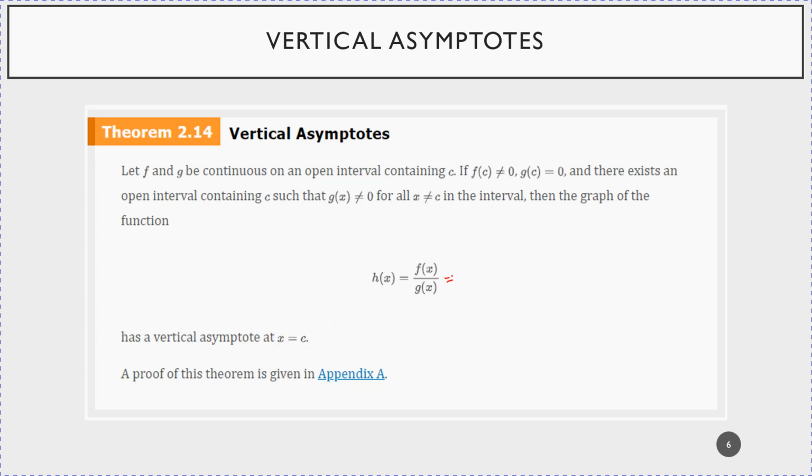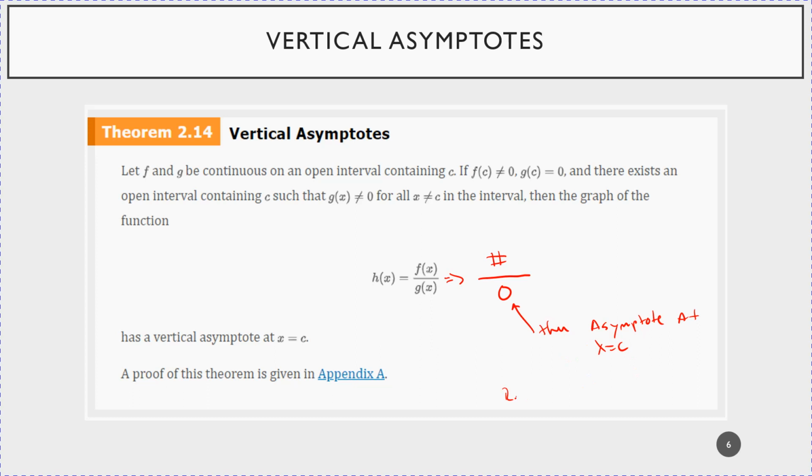So what this means in layman's terms, when you plug in c, is if you have a number at the top and a 0 on the bottom, then you have an asymptote at whatever value you plugged in, x is equal to c.